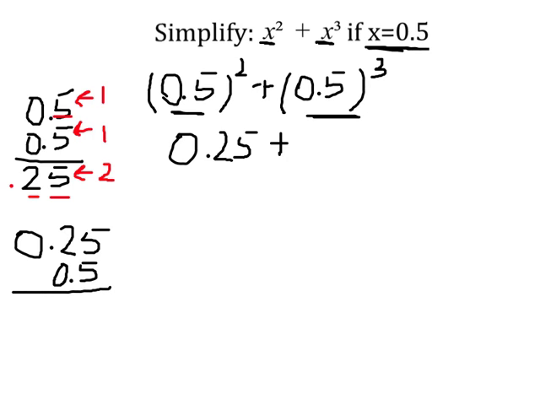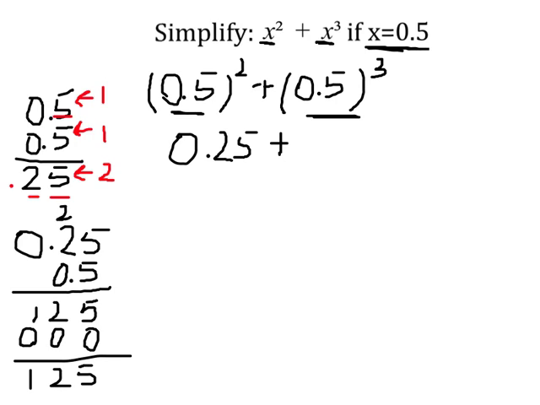Alright, then I do 5 times 5, which is 25. Write the 5 at the bottom, carry the 2. 5 times 2, which is 10, plus 2, which is 12. And then, if I want to keep going, I can multiply my 0 by everything, but I'll just end up with zeros. When I add, I get 125.